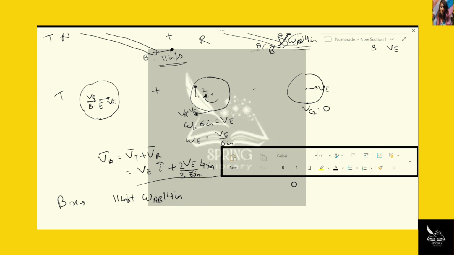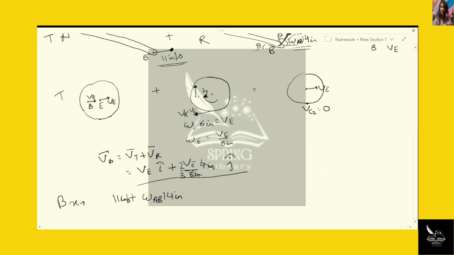Then the angle is 90 minus theta with horizontal, so the horizontal component is going to be sine theta, which is 5 over 14. This is equal to the horizontal component of the net velocity at B, VE.